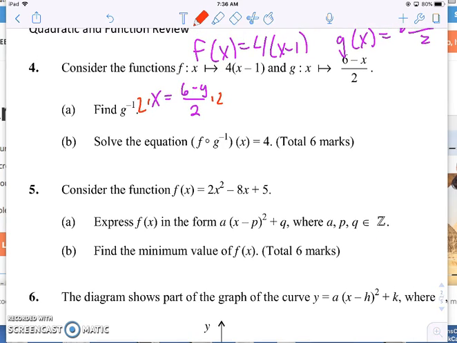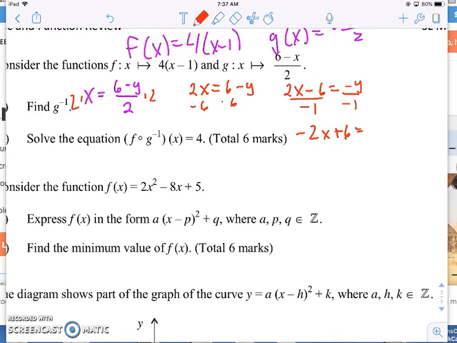Now we have 2x equals 6 minus y. Subtract 6. So we have 2x minus 6 equals negative y. Divide by negative 1. So we would have negative 2x plus 6 equals y, our inverse.